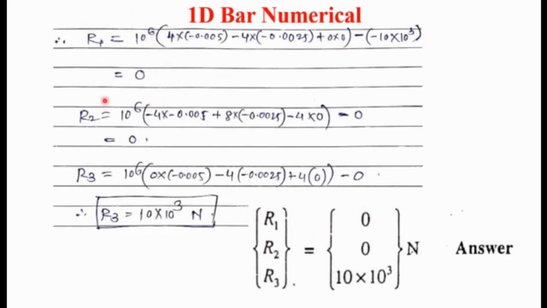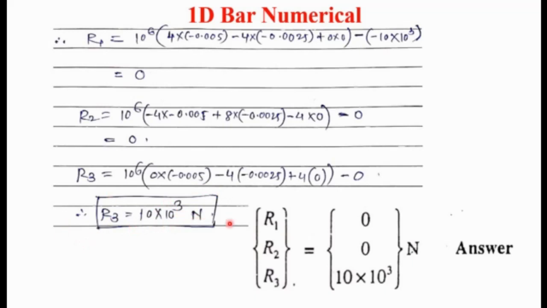After simplifying, we get R1 equals 0, R2 equals 0, and R3 equals 10 into 10 raised to 3 newton, the reaction at node 3.